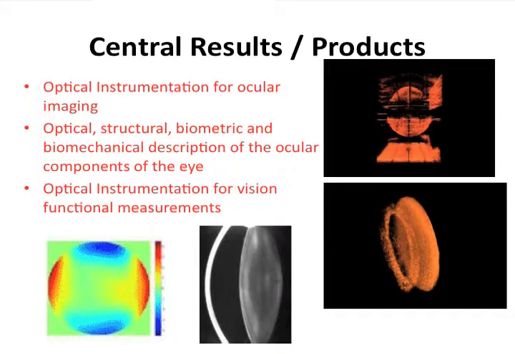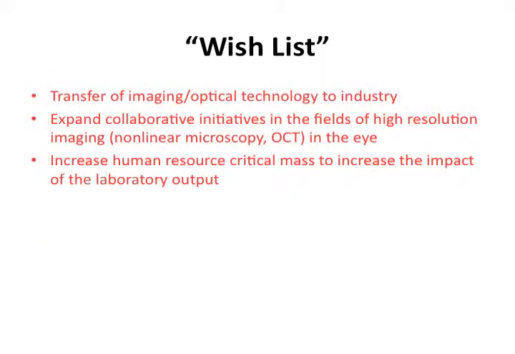What you can see here are images with OCT or other techniques of the crystalline lens, the cornea, and the iris. This is an accommodating crystalline lens of a patient focusing near and far. And this is a technique based on adaptive optics that compensates for the imperfections of the eye and provides unprecedented resolution.